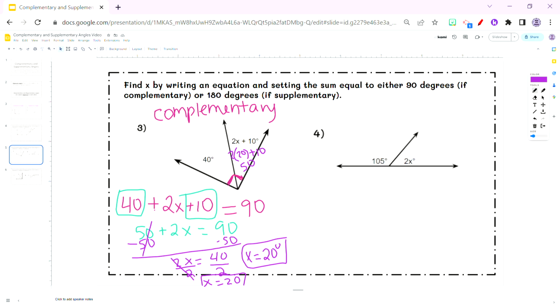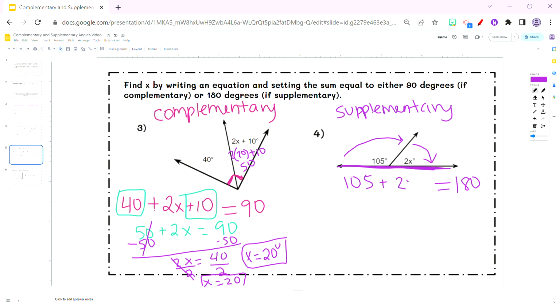All right, in number 4, we have this angle, and together they lie on this straight line, which means that these angles are examples of supplementary angles. So these angles add up to 180 degrees. So we're going to do 105 plus 2x is equal to 180 degrees.